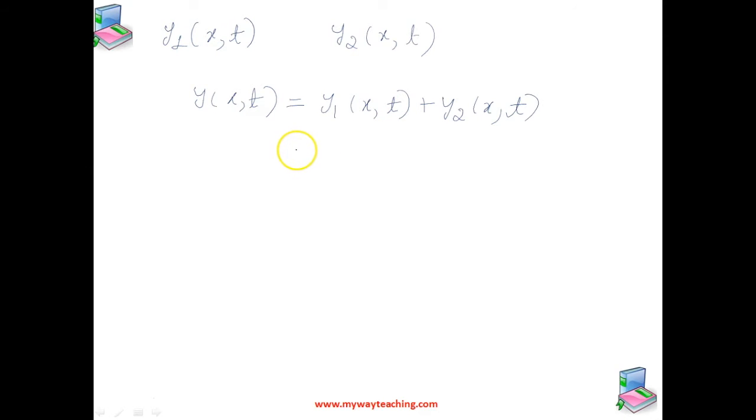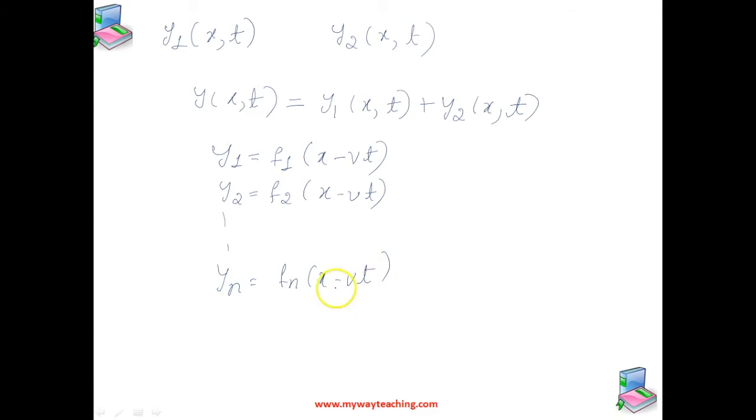That is, if you consider the wave functions of the moving waves as y1 = f1(x - vt), y2 = f2(x - vt), and up to yn = fn(x - vt), the wave function describing the disturbance in the medium is the sum of all these, f1, f2, up to fn.